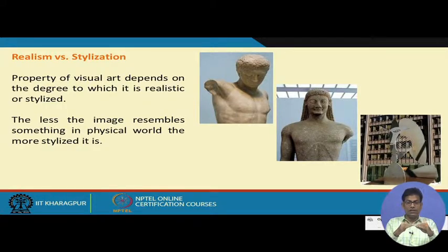So, there is a degree of stylization and there is a degree of realism or impression of representation which can happen. If you keep on increasing the stylization, the more stylized you make it, the more it gets away from representationalism, but there is always scope of blending realism with stylization and representing that.